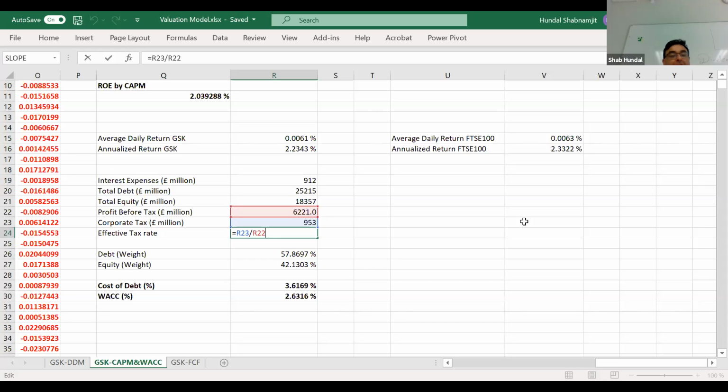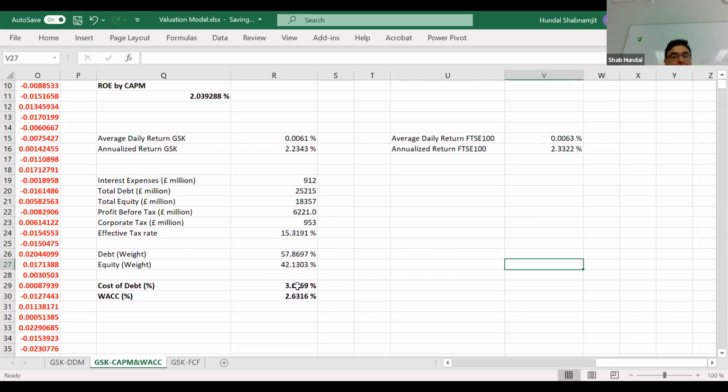And this is done like this. You divide the corporate tax amount in millions by profit before tax in millions. Both are in million pounds. And we find that in 2019, the company is paying 15.32% as corporate tax. And then we can calculate the debt rate. So debt makes 50% and equity makes 40% of the company.